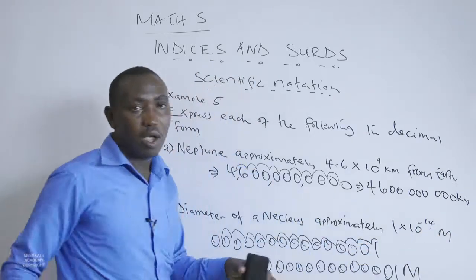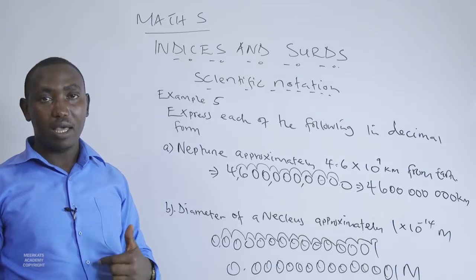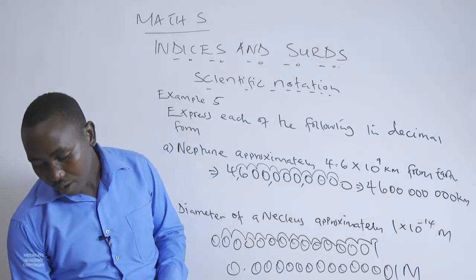The dimensions were in meters. So that is how we can write first to scientific form, then back to their normal form.